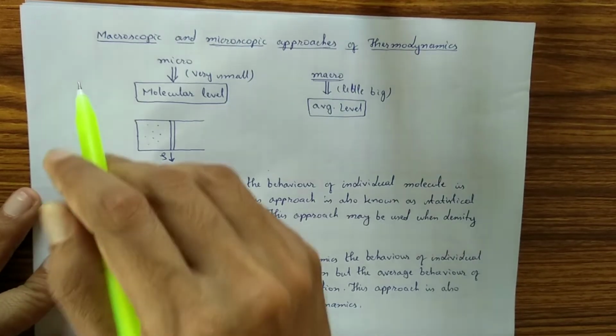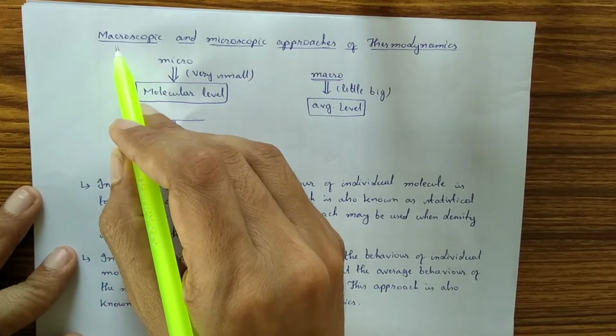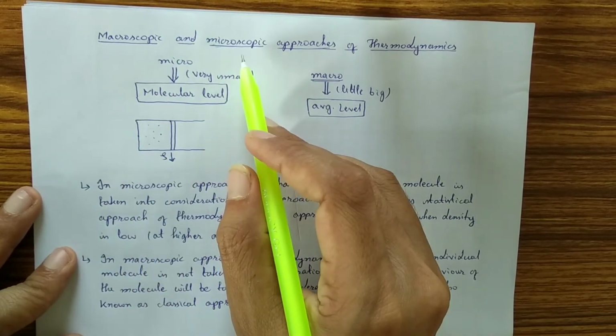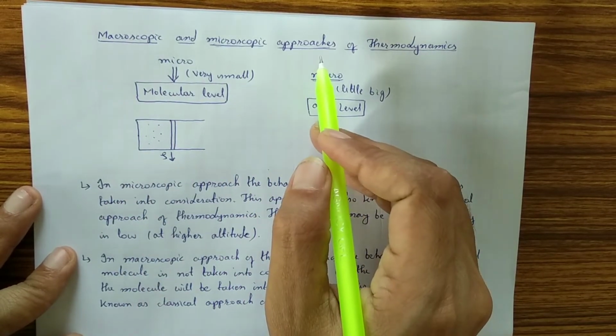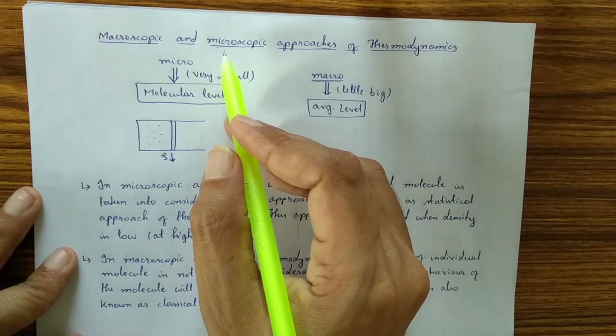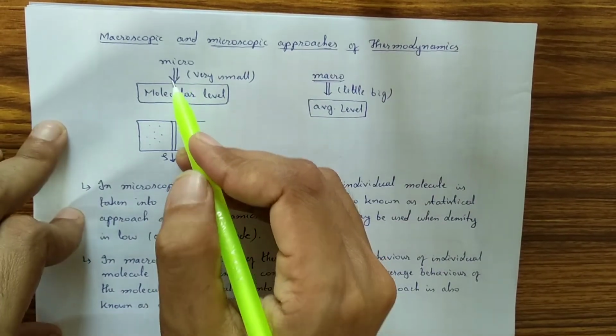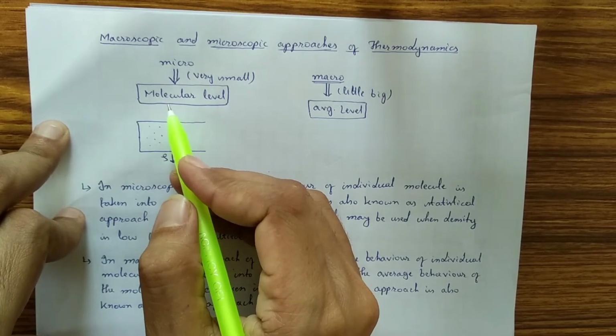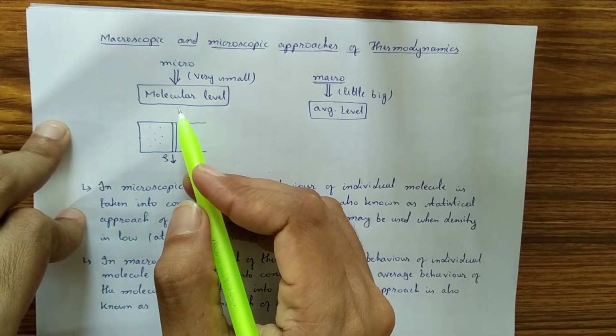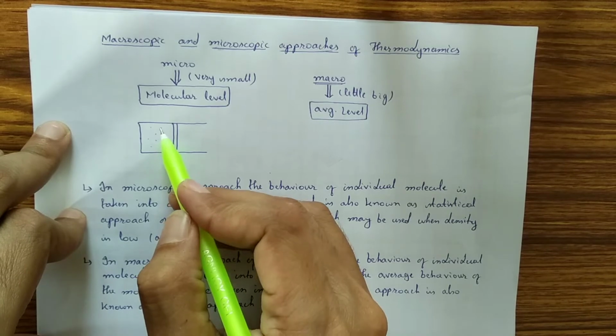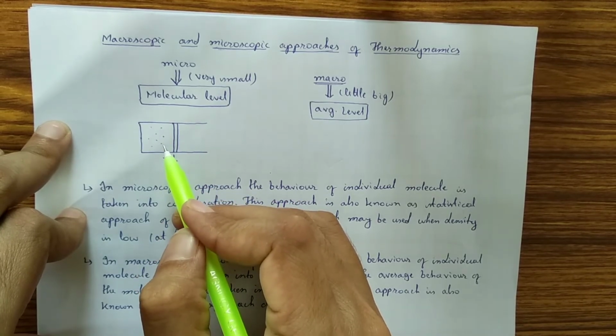So there are two approaches of thermodynamics, that is macroscopic and microscopic approach of thermodynamics. So let's start with the first, the microscopic approach. Micro means very small, that is at molecular level. So in the microscopic approach, the behavior of individual molecules is taken into consideration.